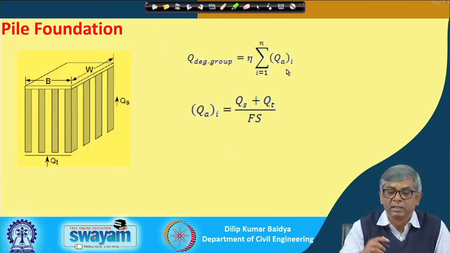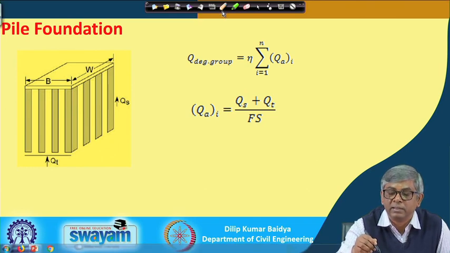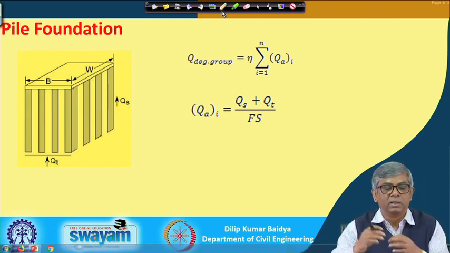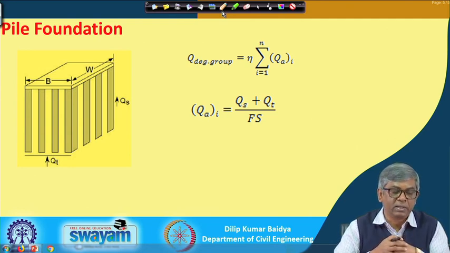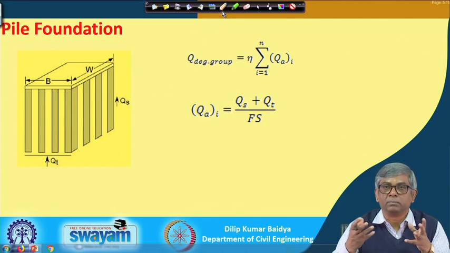Now, as I have told you, in the design you will finally get the number of piles in a group. Suppose their spacing and everything is known, you can find out the individual capacity and the group capacity. Now, we can find the group capacity in two ways.